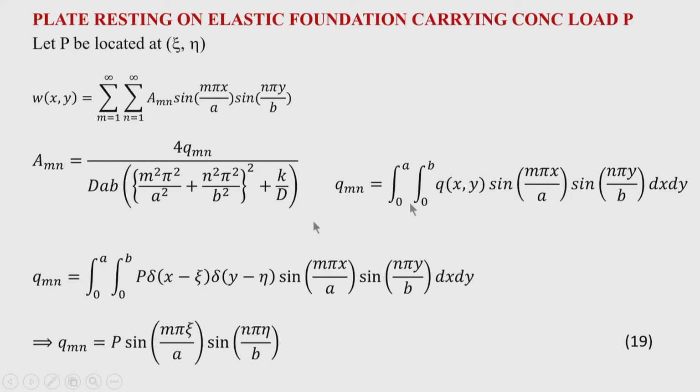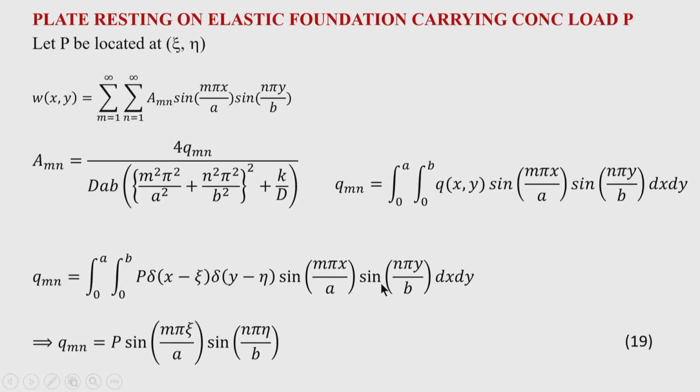So, Qxy is represented by P into the Dirac delta function of x minus xi, and again the Dirac delta function of y minus eta. So, xi and eta represent the location of the concentrated load, and the other variables, sin(m pi x by a) and sin(n pi y by b), are also written here.